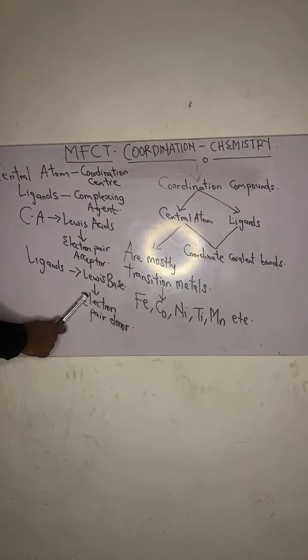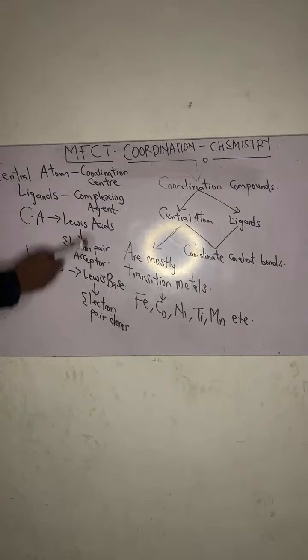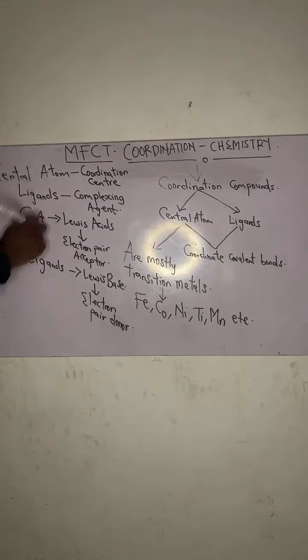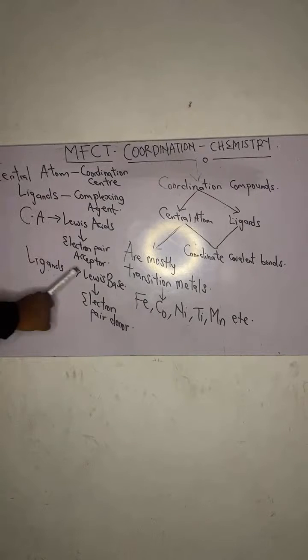Lewis bases because they are electron pair donors. They attach to the central atom. Now, once you've gotten that, you have to know some examples of coordination compounds. Let me show you some examples.